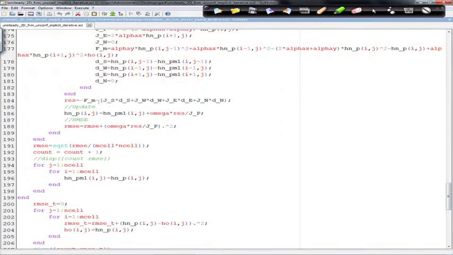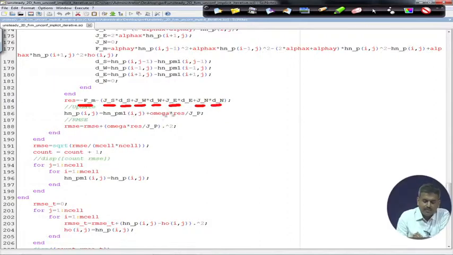Residual is nothing but minus m minus Js into ds, Jw into dw, Je into de, Jn into dn. We have not included Jp here. So, the residual is divided by Jp, and this is H and P minus 1, H and P.